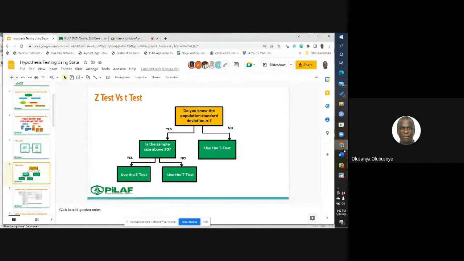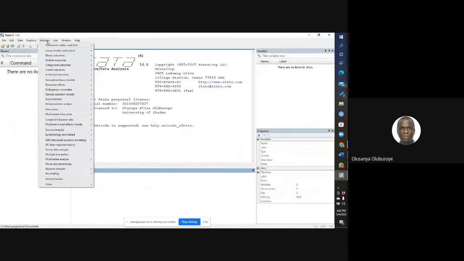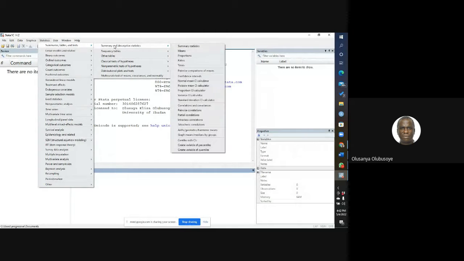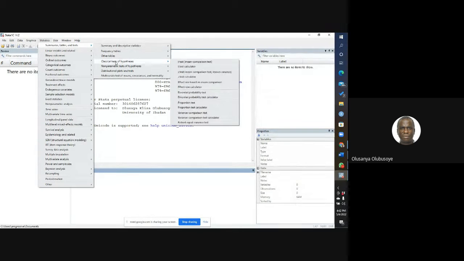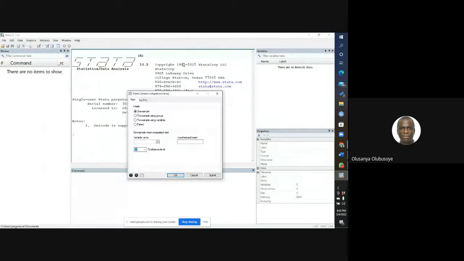Okay, so let's now move to, so where do we get the T? You go to the statistics menu, and then you go to the classical test of hypothesis, and then you see the t-test. So you can, of course, click on that.